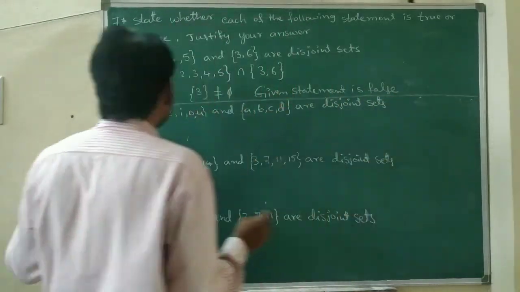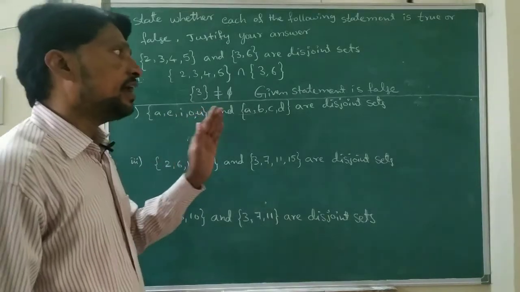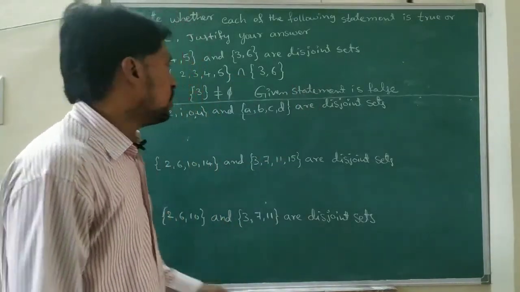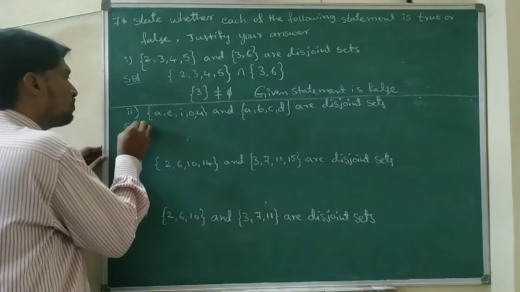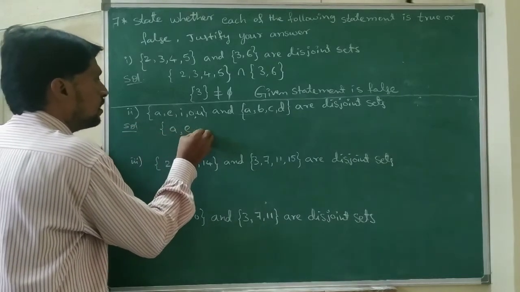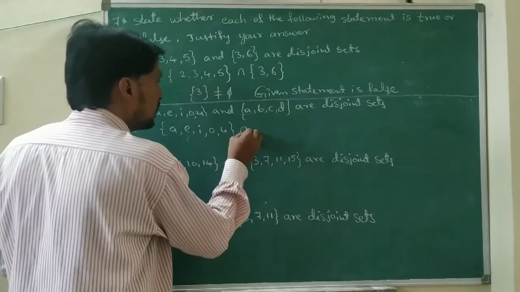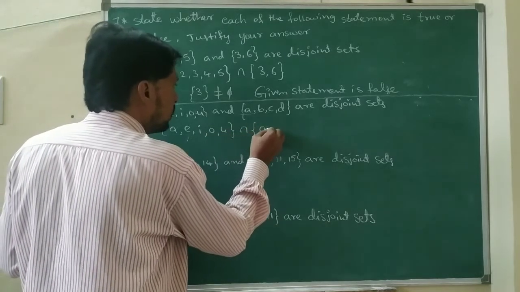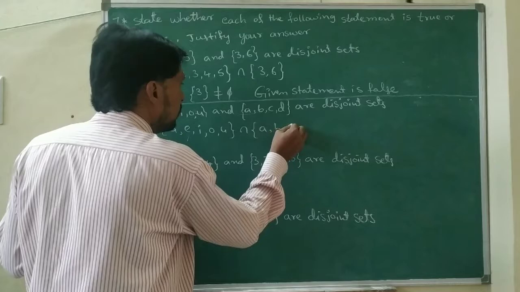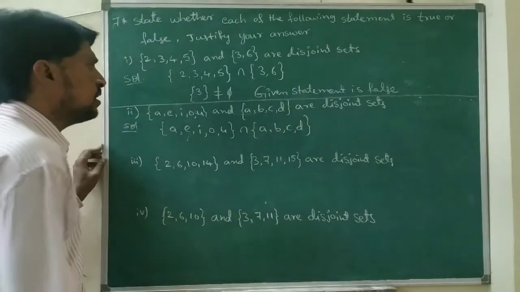Next one, A, E, I, O, U and A, B, C, D are disjoint sets. So here, solution: given set A, E, I, O, U, first set, intersection second set A, B, C, D. In this, is any common element there or not?